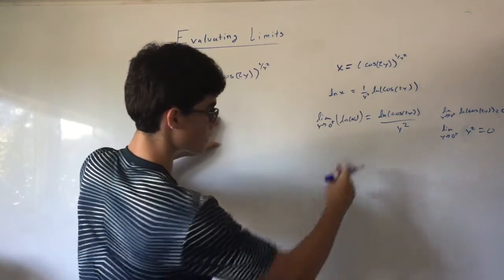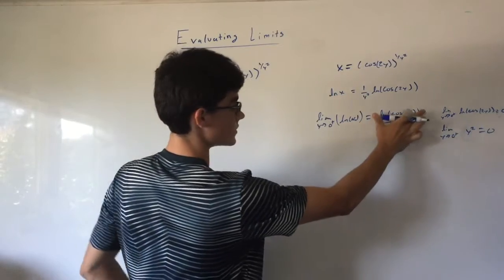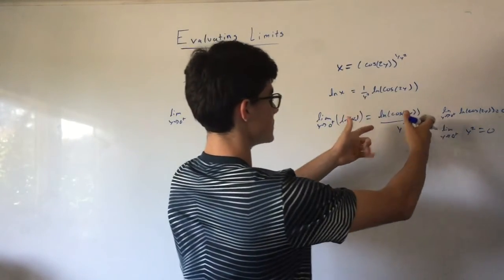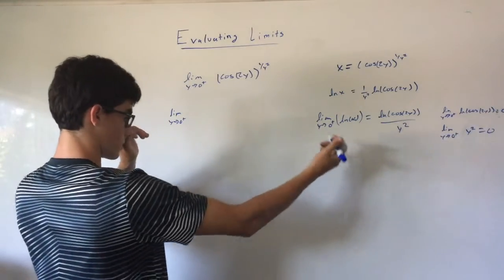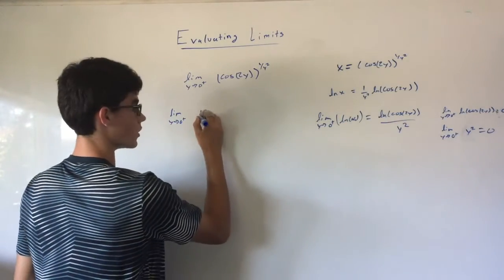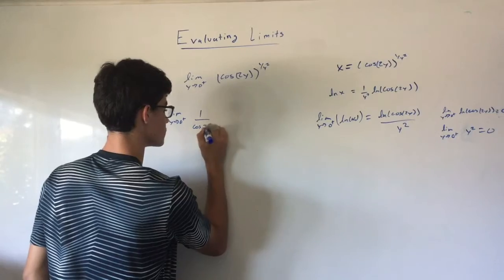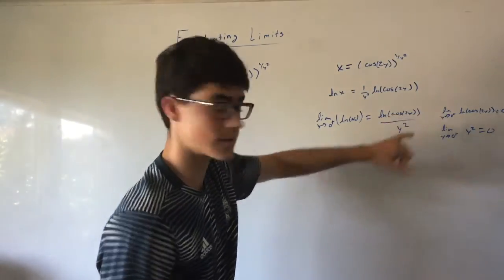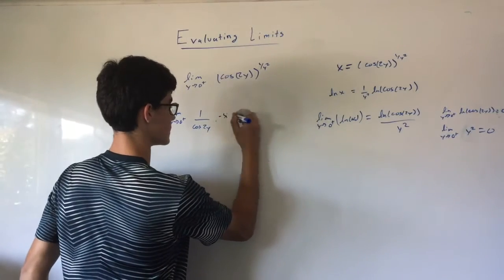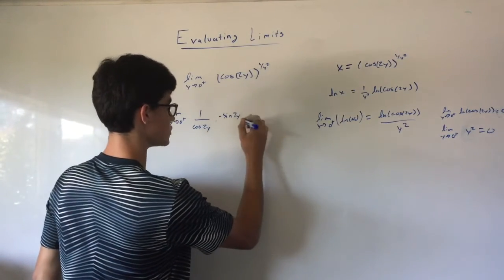Take the derivative of the top. This is just 3 chain rules: if you look at it, ln, cosine, and then 2y. So we take the chain rule of the ln first, so it'll be 1 over cosine 2y times the derivative of cosine, which is negative sine, so negative sine 2y times 2.